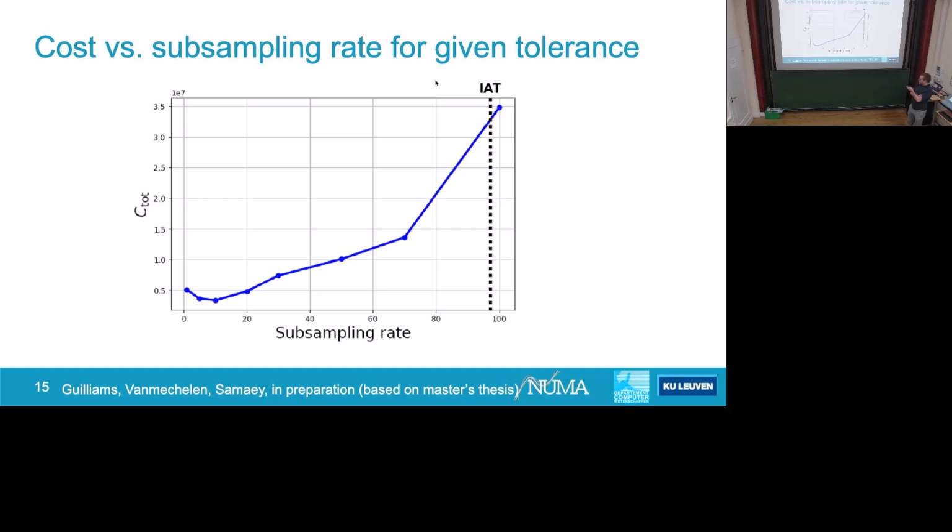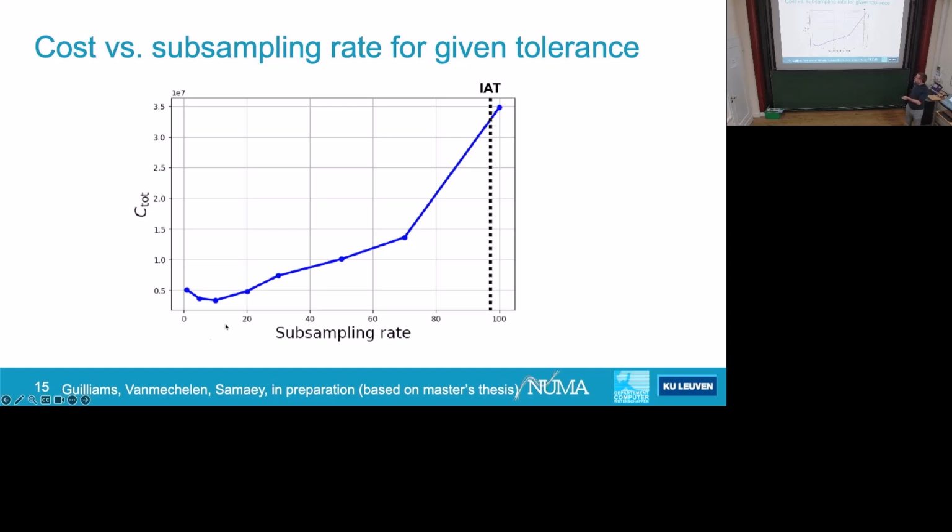And what we'll notice, this is now just cost. If you look at the subsampling rate, you would expect the cost for a given accuracy to increase monotonically as a function of subsampling rate. That's not completely the case, because with low subsampling rates, some non-trivial things happen with the acceptance rates in the chain, which means that for a given tolerance, you can have slightly shorter chains with some higher subsampling.